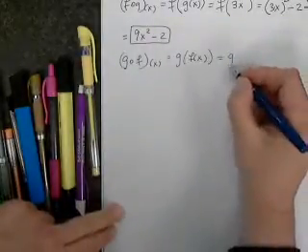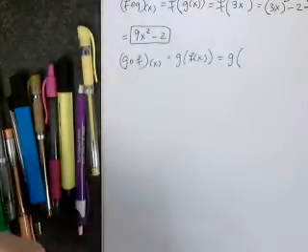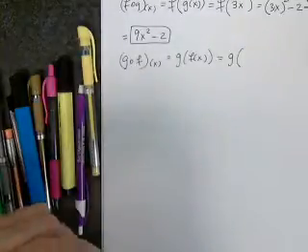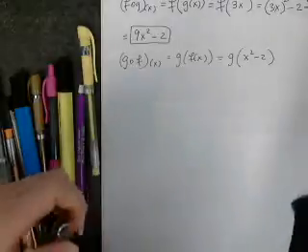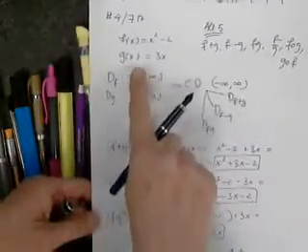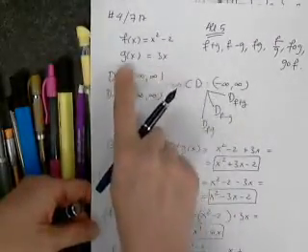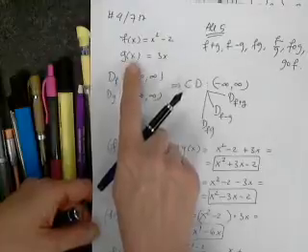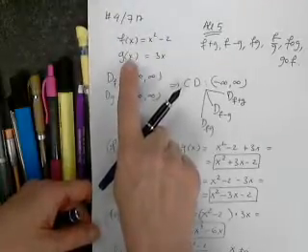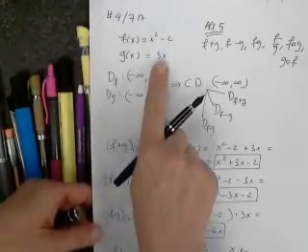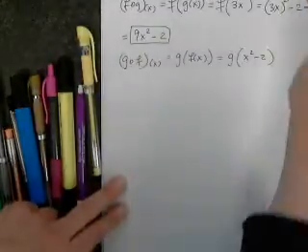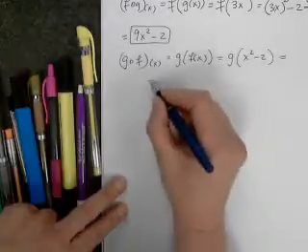So I will write g of, what does f represent? x squared minus 2. And now I look at g. I have to do what g is asking me to do to the argument. Now the argument is no longer x. The argument is x squared minus 2. What am I going to do to it? Very good. Just multiply by 3.